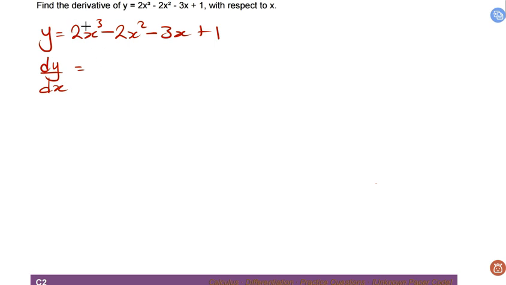In this case it will be 2 times 3, which is 6x, and then the power must be reduced by 1. Negative 2 will multiply by 2, which is the power, and then it will be negative 4x. The power must be reduced by 1, and then when you have a variable and the coefficient, just get the coefficient. In this case it will be just negative 3, and the constant number becomes a 0 there.